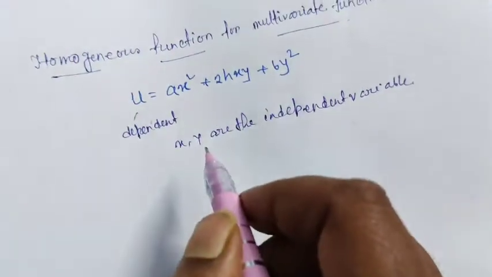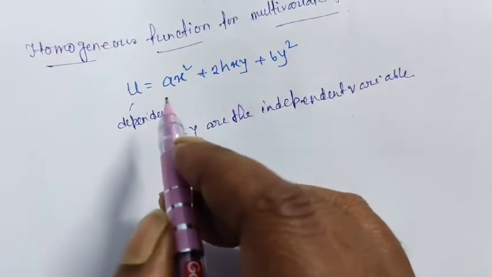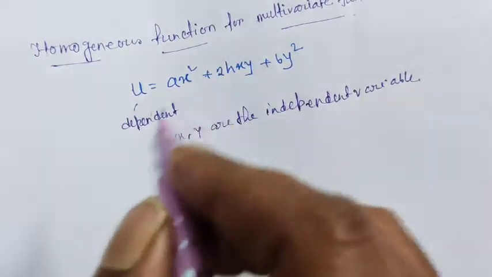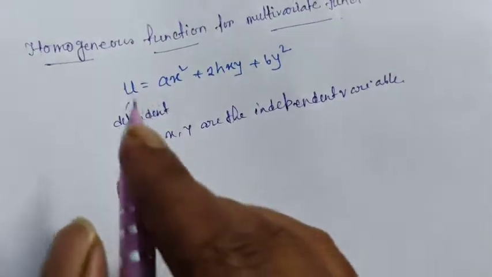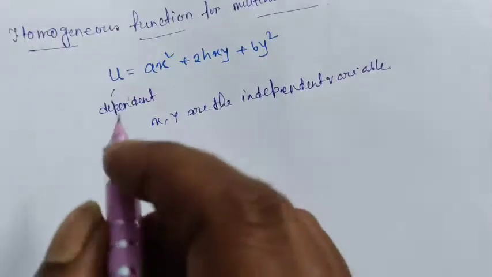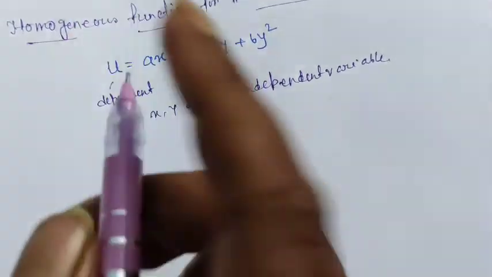So now the question is: how can we obtain the degree of this multivariate function? We can obtain the degree of this function in two ways. See how we can find it.